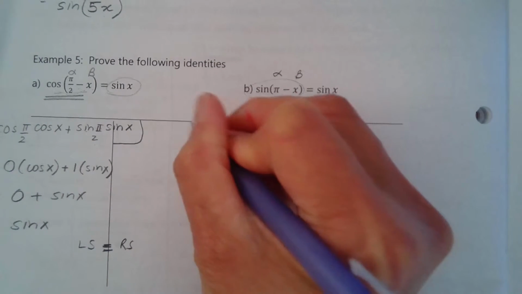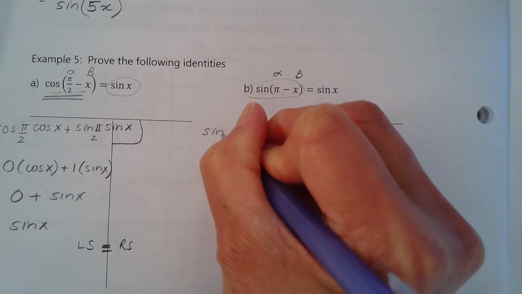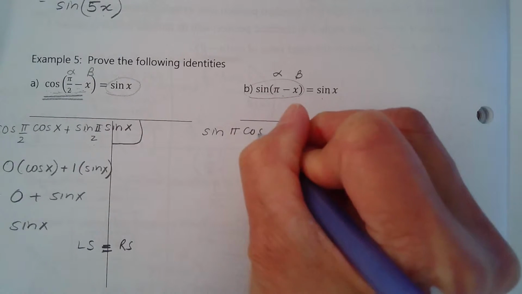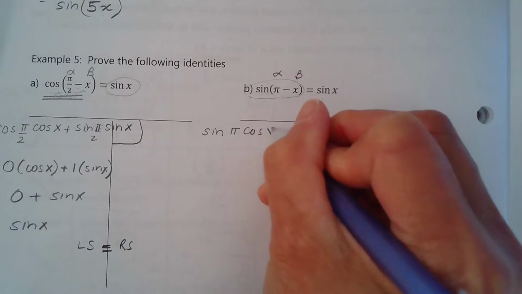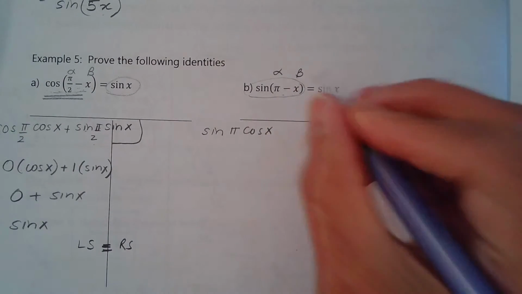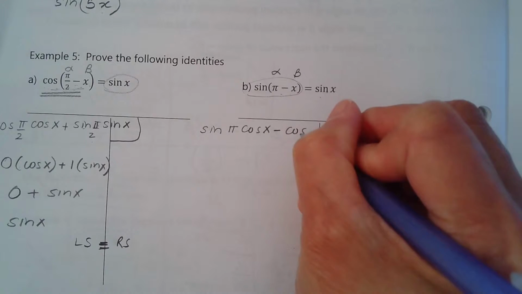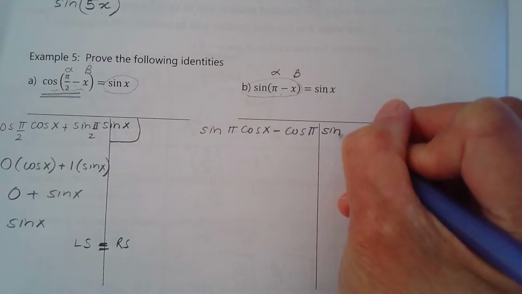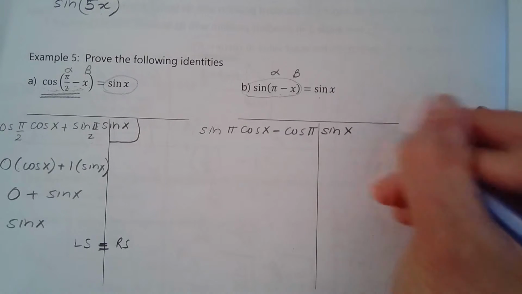So it's going to be sine alpha, which is pi, times cos beta, which is x, minus cos alpha, which is pi again, sine beta, which is our x.